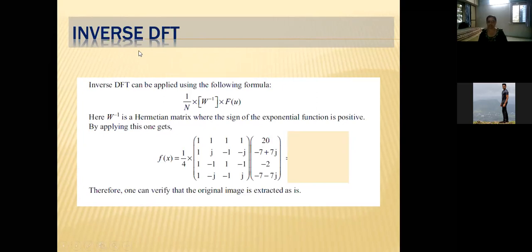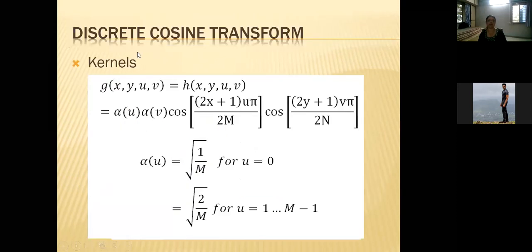Yes, there is another transform, the discrete cosine transform. As the name indicates, it is a cosine transform because it simply has cos terms and doesn't have sine terms.